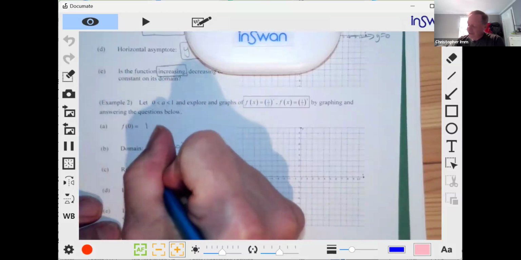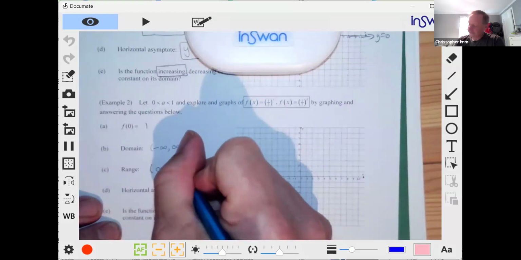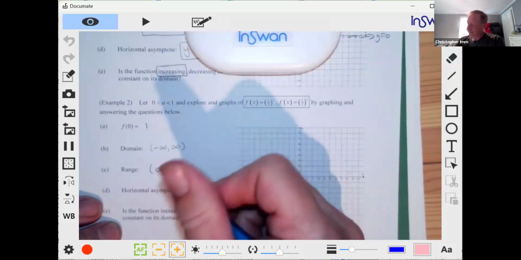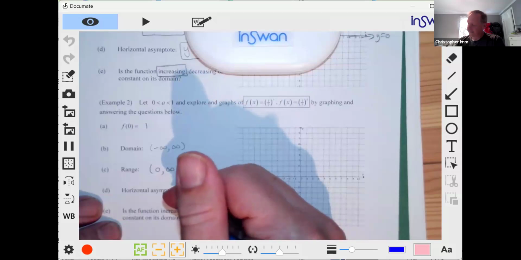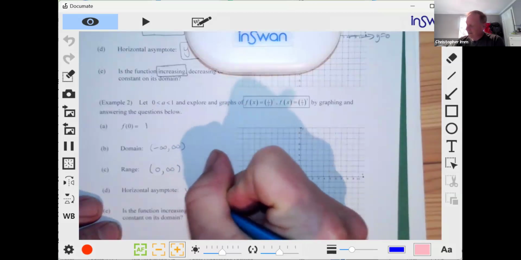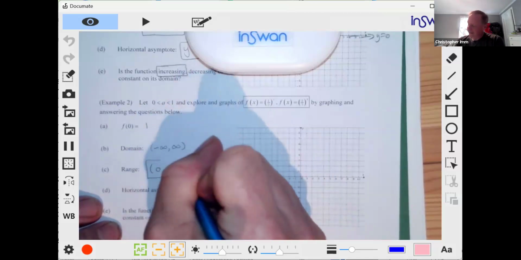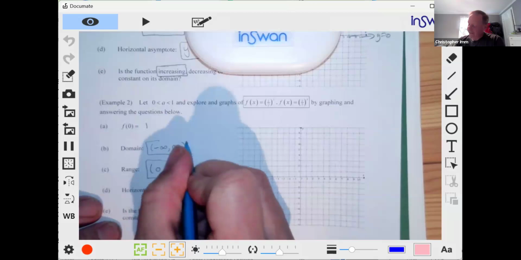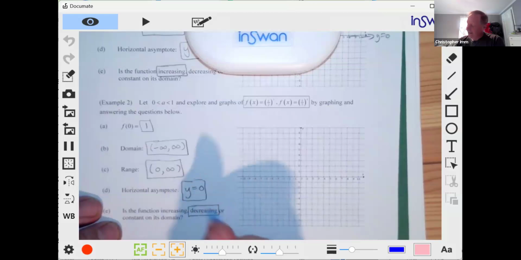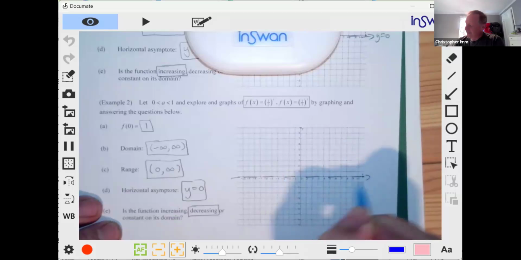My range will still be just positive numbers. And my horizontal asymptote will still be at y is equal to 0. But in this case, everything sort of gets flipped about the y-axis. So the function is going to be decreasing on its domain. So I'm going to write in that asymptote here, and we'll sort of discuss why this happens.